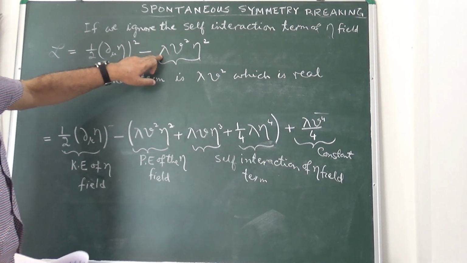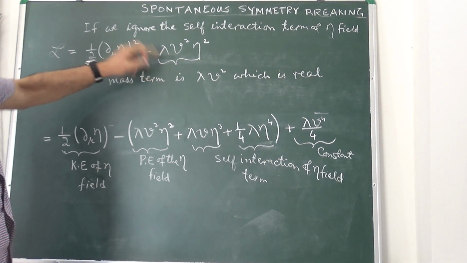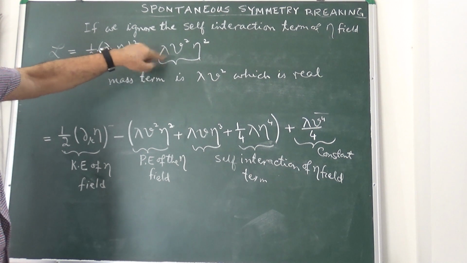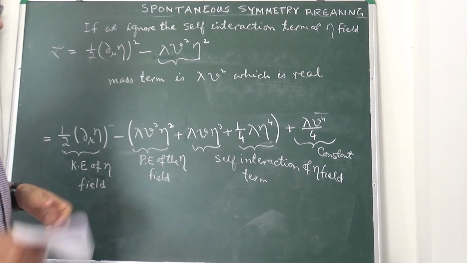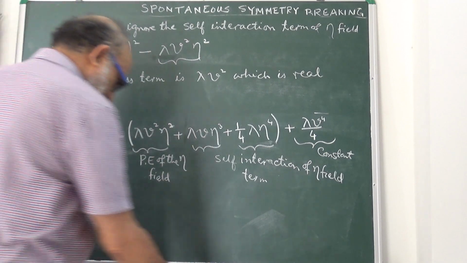This lambda is the scalar number which we have considered, and this is also this. So these are all real parts. So the mass in this case comes out to be real.